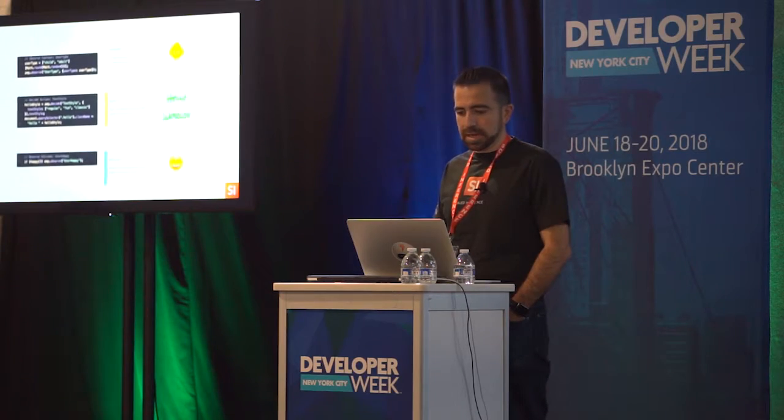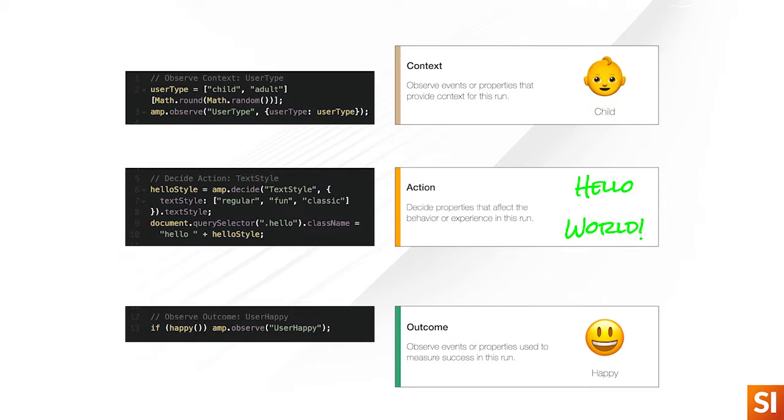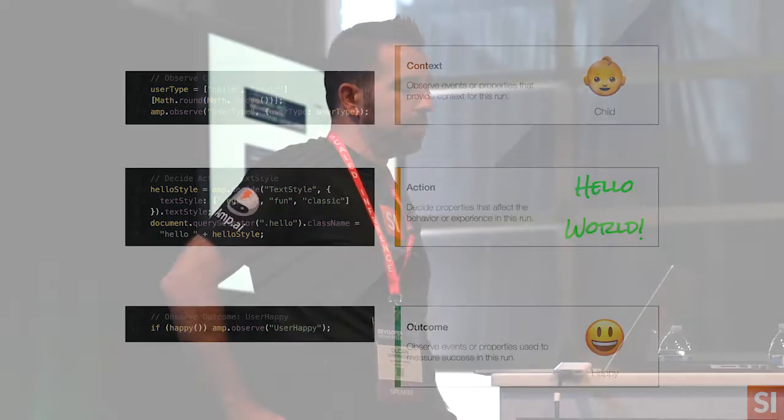Now let's break that down a bit. There are three key pieces to any self-optimizing software application. There's the context, which can be used to take better actions. There's the actions that are being taken, and there's the outcome which we're optimizing for.